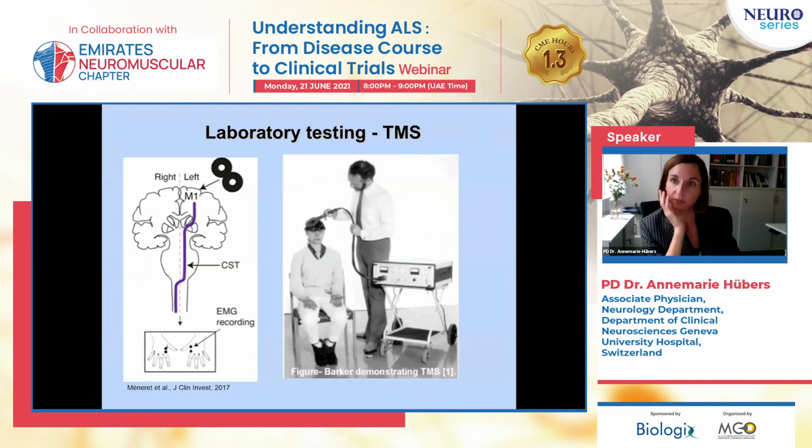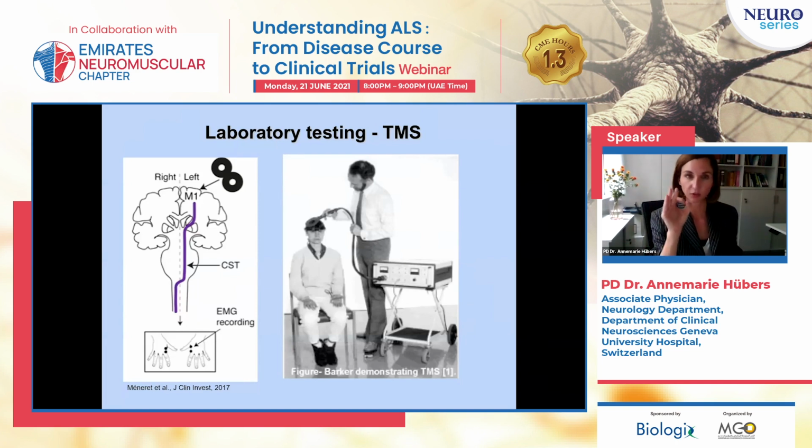You can also examine the function of the central motor neuron via transcranial magnetic stimulation. Here you see Anthony Barker, who presents the first magnetic stimulator in the 1970s, I think. And since then they haven't changed a lot, because the technique is simple but very effective. You stimulate the motor cortex via a coil. In this coil there's a magnetic field.